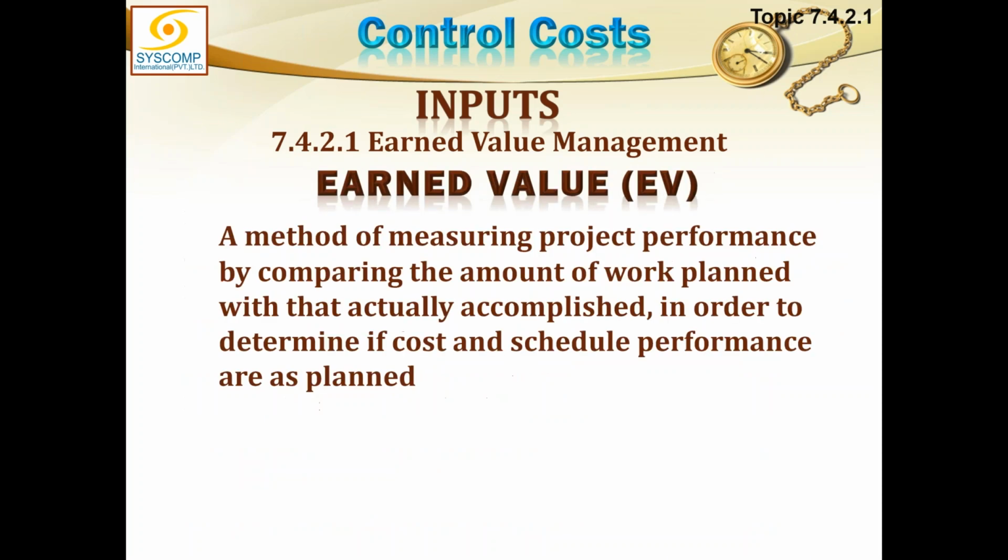Okay, in earned value management, we have got three terms which are most famously used. One I have already exposed to you is called the planned value. Planned value, as I said before, this is a point on S curve. So for that moment in time, that is the planned value.